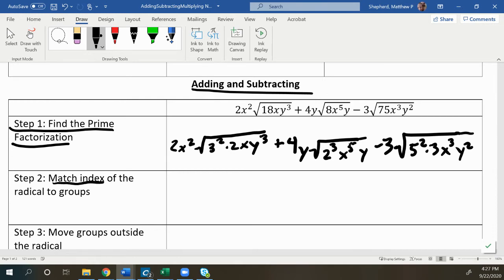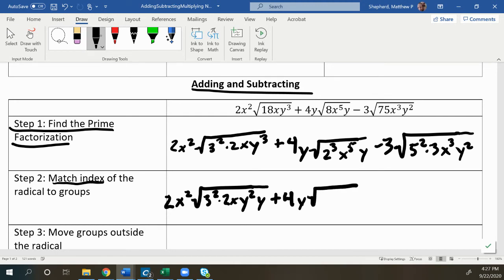Next, I'm going to match the index to the radicals in the groups. Each of these was a square root, so I want to create groups of 2 inside there. So let's see, we already had 3 squared. That works out well, times 2x. We had a y cubed up above, so I'm going to change that to y squared times y. So I did create that group of 2 that I'll be able to take out. Plus 4y square root.